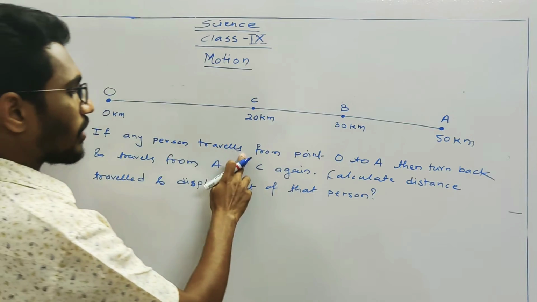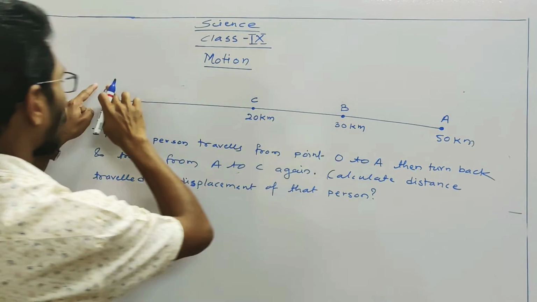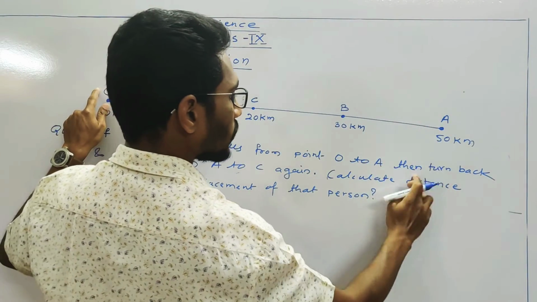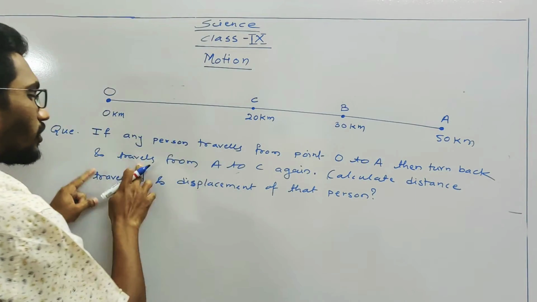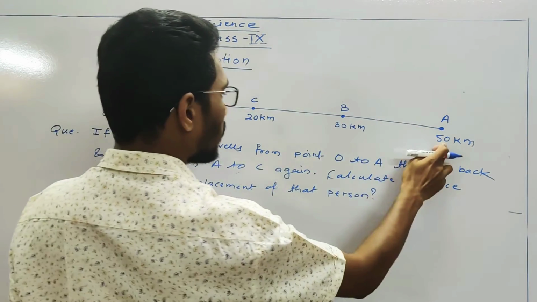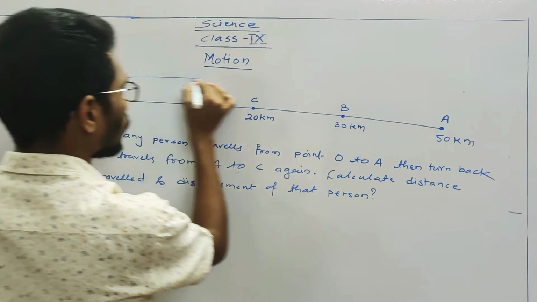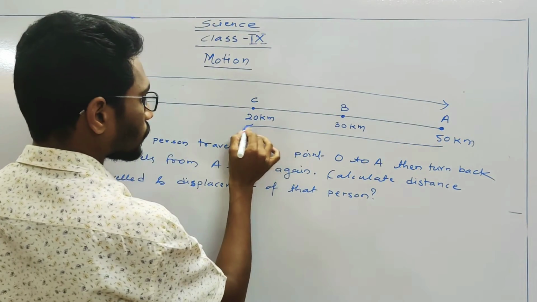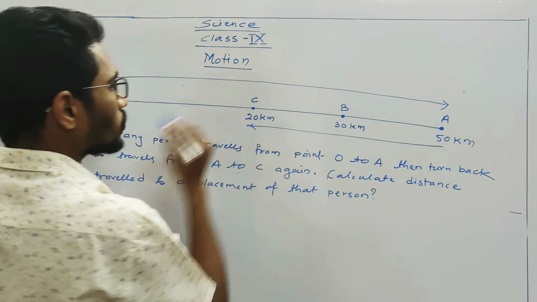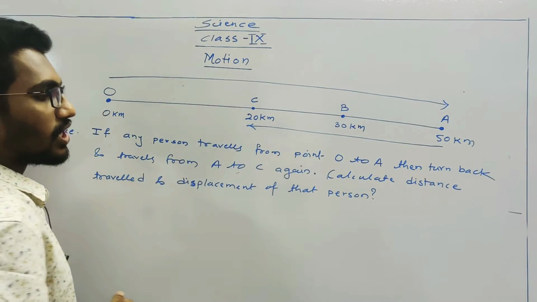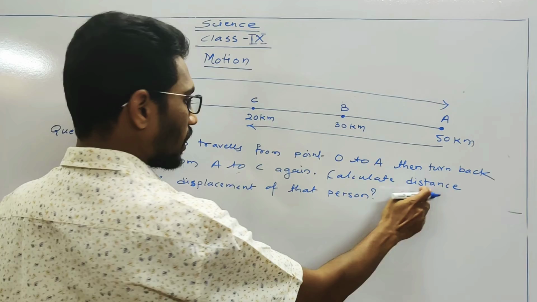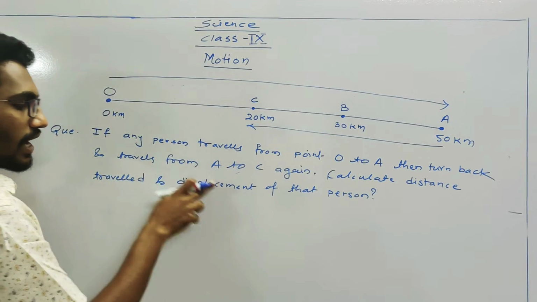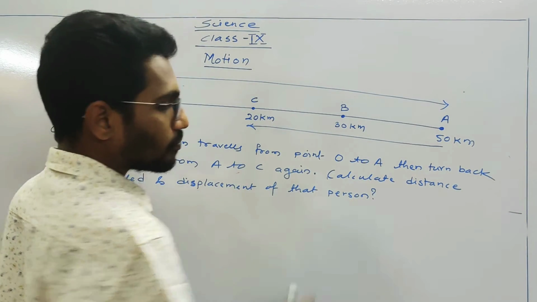If any person travels from point O to A, then turns back and travels from A to C. First it goes O to A, then it comes A to C. So if this is the condition, you have to calculate distance traveled and displacement of that person.